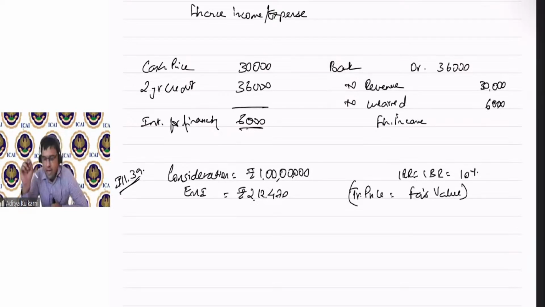If IRR is not equal to the incremental borrowing rate, then my fair value is going to change. So in the first case they have given IRR equals IBR. That is why we are saying transaction price equals fair value. That is the price expected to receive for the performance obligation. That means this is going to be your revenue.